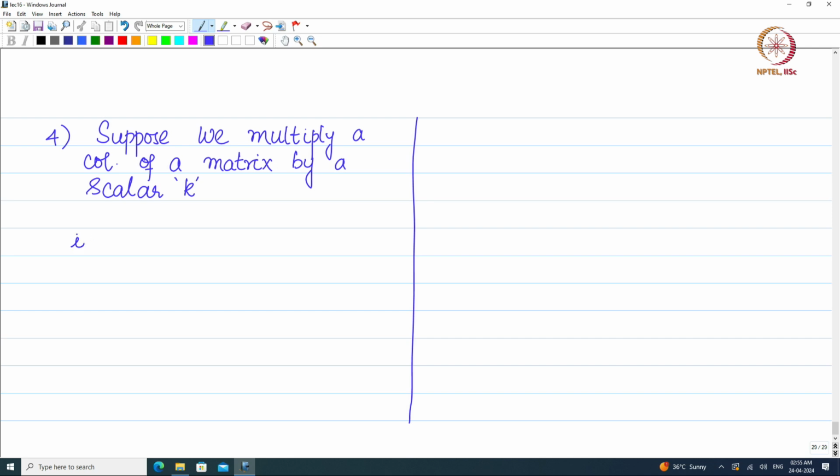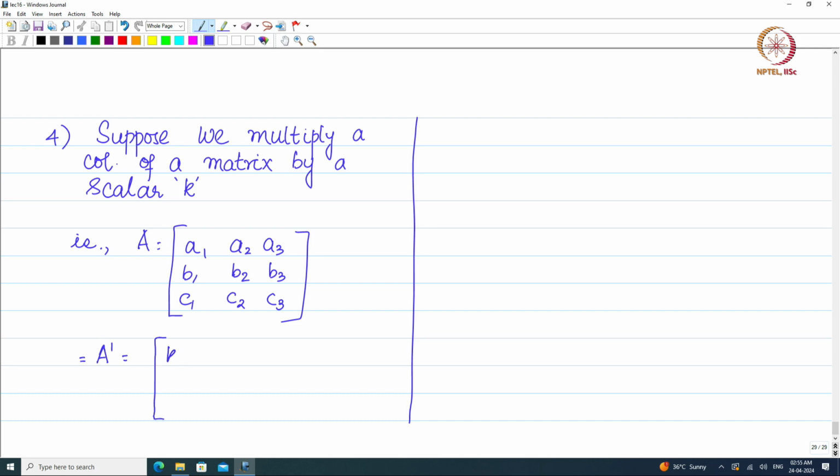That means we have the matrix A, which was, let us say, A1 A2 A3, B1 B2 B3, C1 C2 C3, and I am going to get another matrix, let us say A prime, which is nothing but kA1, kB1, kC1, A2 A3, B2 B3, C2 C3.